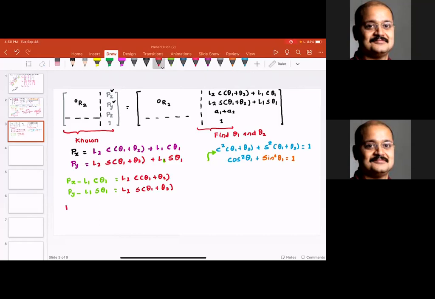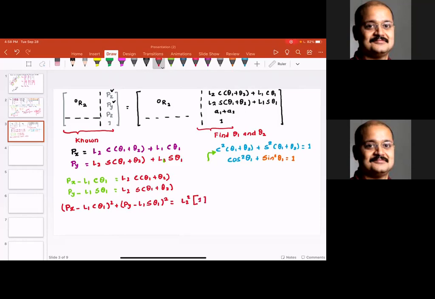So this equation is going to become (Px minus L1 cosine theta 1) square plus (Py minus L1 sine theta 1) square. Please note, L2 square can be taken common outside. Cosine square (theta 1 plus theta 2) plus sine square (theta 1 plus theta 2) will become 1.